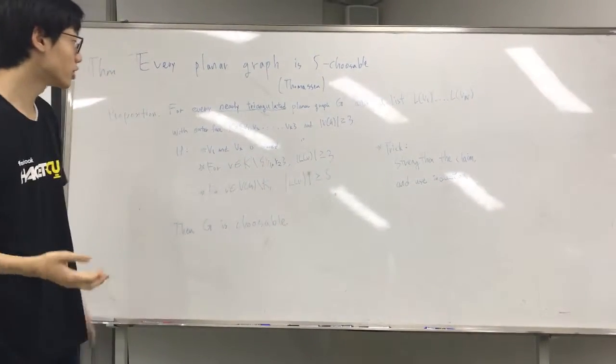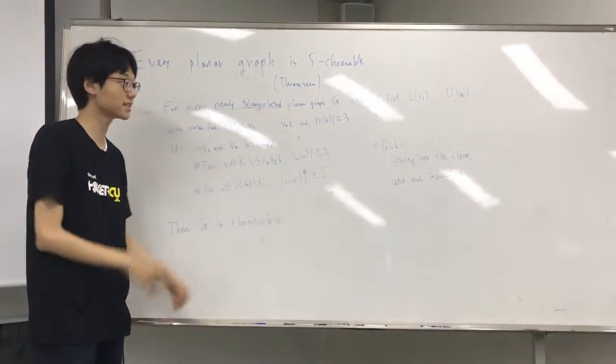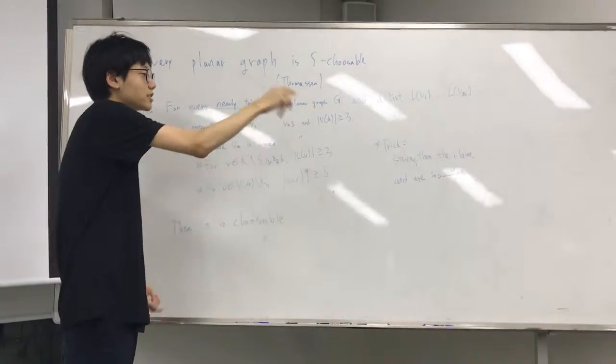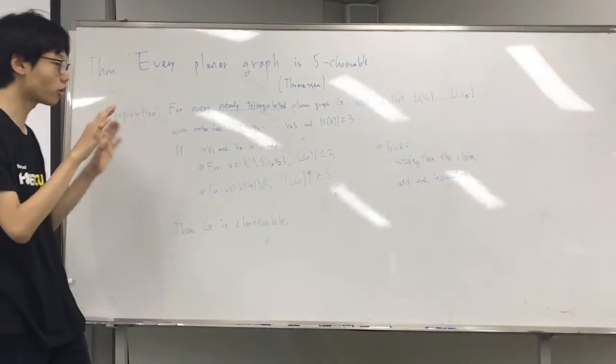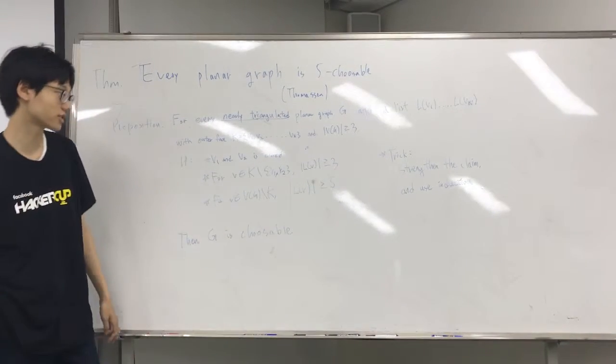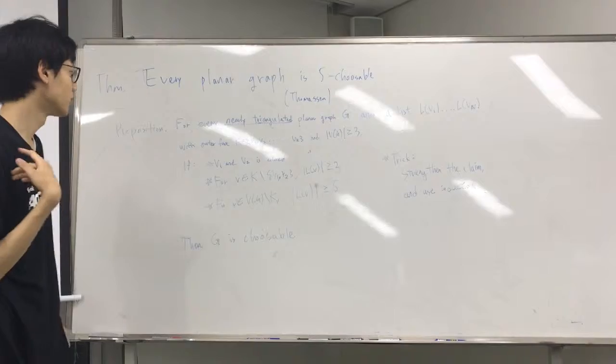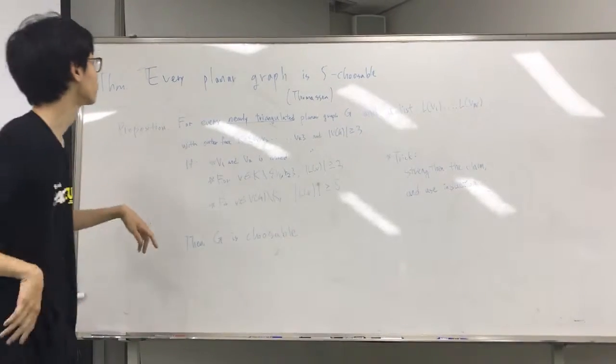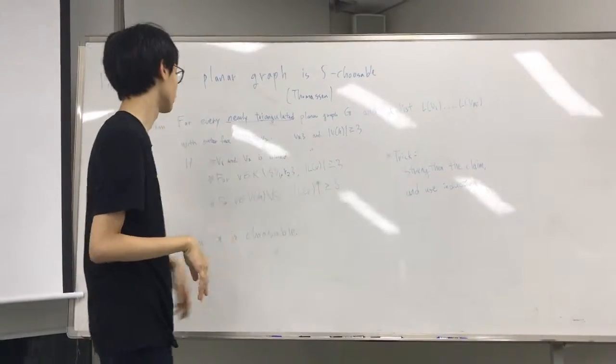So if the induction hypothesis is strong, as we strengthen the claim, then we are assuming a stronger version. Thus it might be easier to prove a stronger statement. So it depends, and Thomassen is using this trick to prove that every planar graph is 5-choosable.